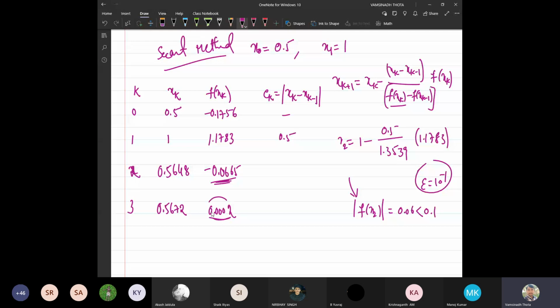So as you can see, f of x3 is much closer to 0. In fact, even if the error tolerance is 10 to the power minus 3, it will work. So after this step, even if epsilon is equal to 10 to the power minus 2 or 10 to the power minus 3, you can stop the iteration process at k is equal to 3.